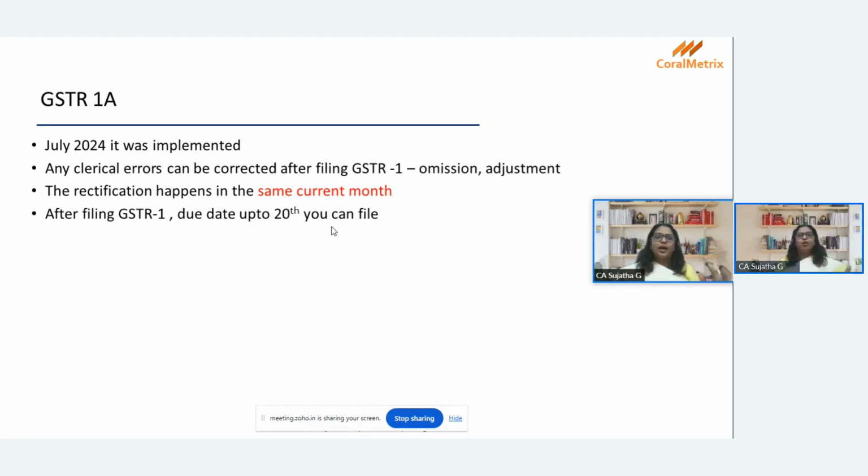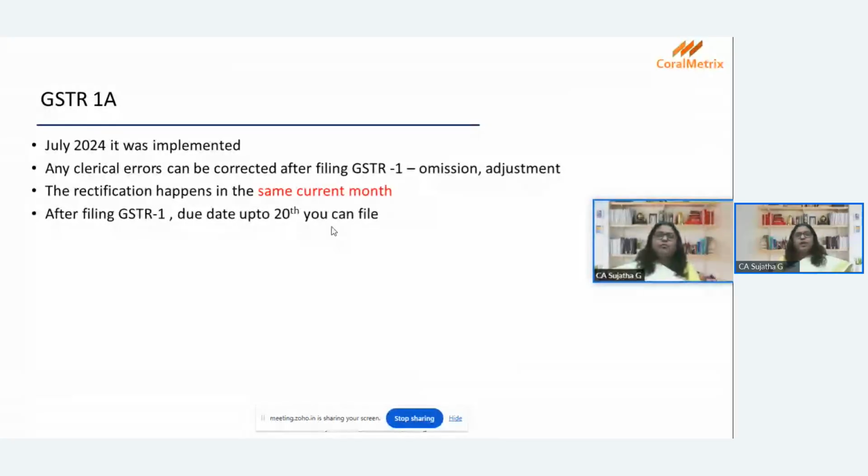The whole idea of whatever we are discussing today is more about how to enhance the exchange of information between the supplier and the recipient, or buyer and seller, how to enhance the quality of compliance, how to eliminate the error. So this is the objective.